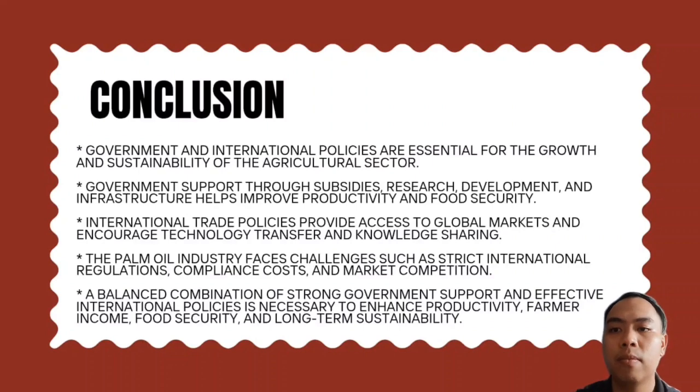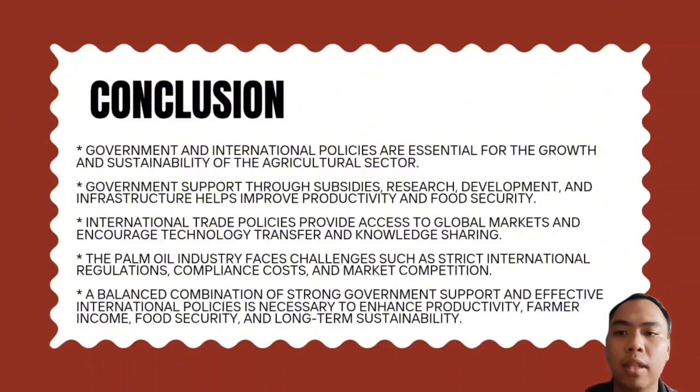In conclusion, government and international policies play a crucial role in shaping the development and sustainability of the agricultural sector. Government policies support farmers through subsidies, research and development, infrastructure improvements, and technological advancements, which help increase productivity and strengthen food security.